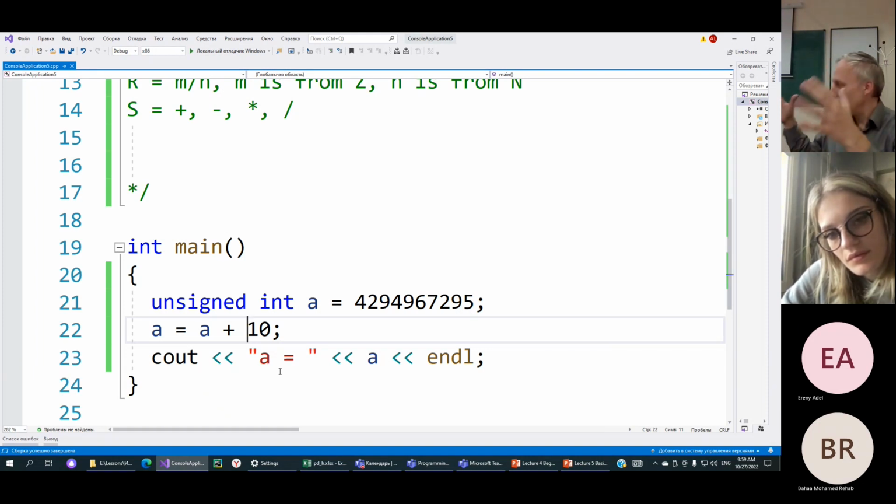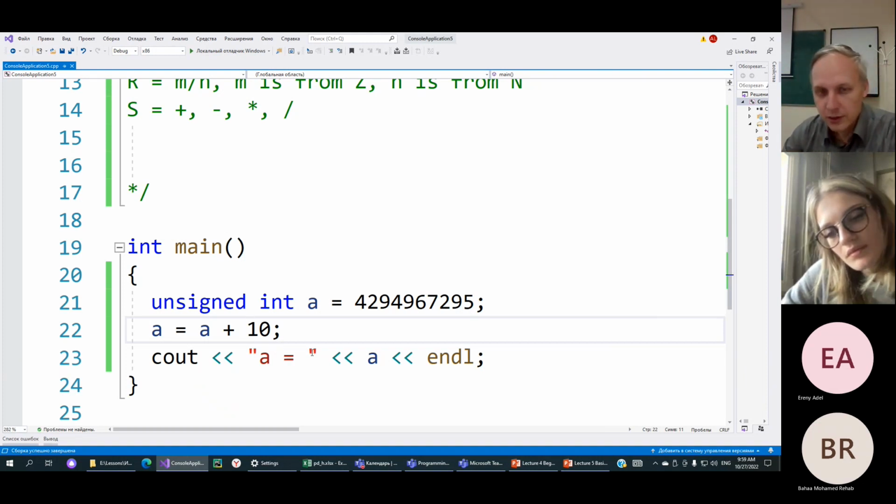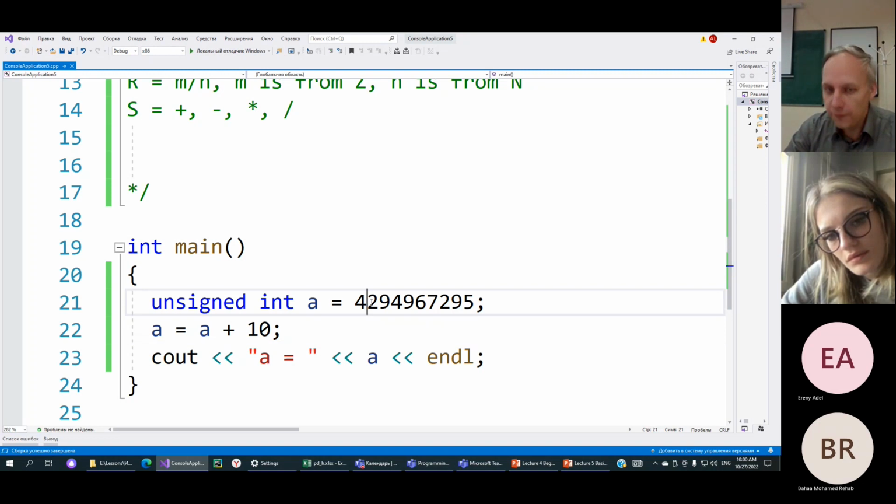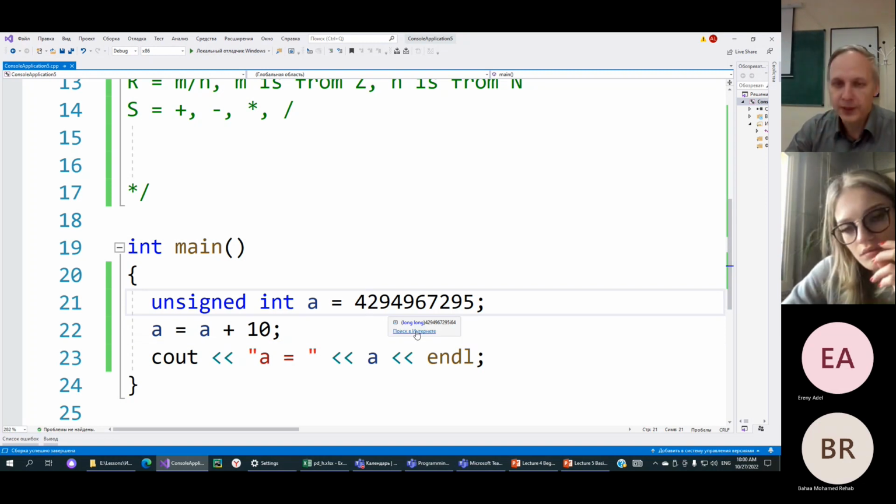For int, this range is approximately 2 billion. For unsigned int, this range is from 0 up to 4 billion.